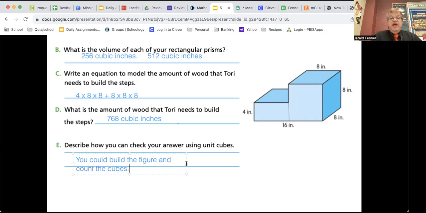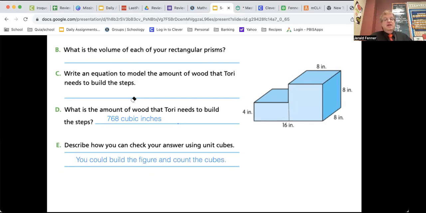My biggest challenge with that would be you'd need 768 unit cubes. If you put all the unit cubes from the entire class together and built this figure, I still think you'd be short. So I wouldn't recommend that, but it was just a question and we answered it.